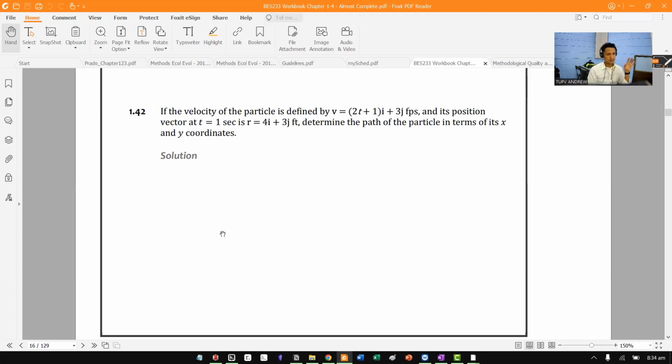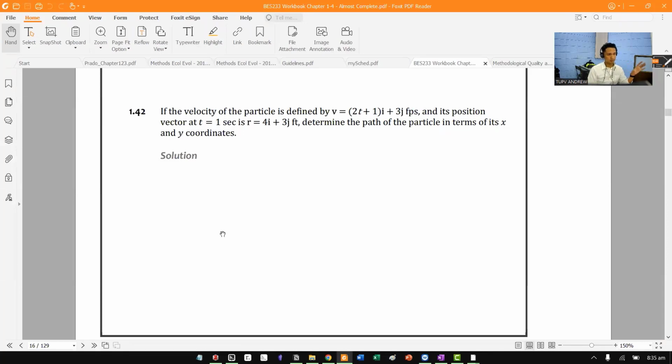Okay, so let's examine the given. This may be the first time you see a problem in terms of vectors, in terms of ijk. But do not be intimidated because it is just a matter of expression. It combines the given in x and the given in y. The x is 2t plus 1, and the y is 3. The i indicates the x direction and the j indicates the y direction.